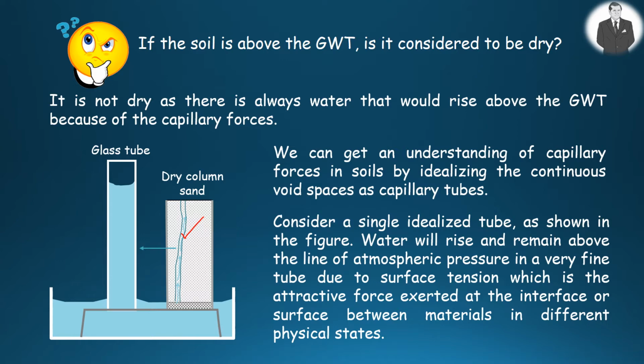Now consider a single idealized very fine tube submerged into water. Water in this case will rise and remain above the line of atmospheric pressure because of the surface tension. Surface tension is the attractive force implemented at the interface or surface between materials in different physical states.